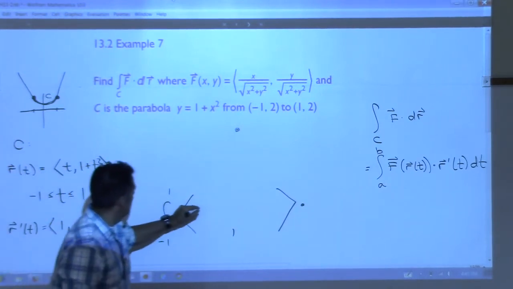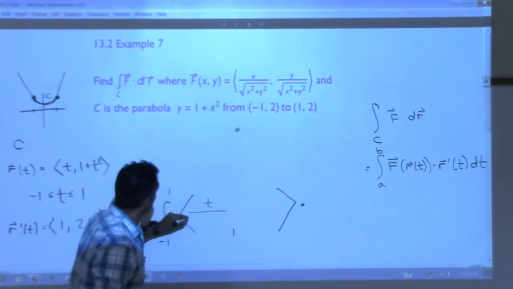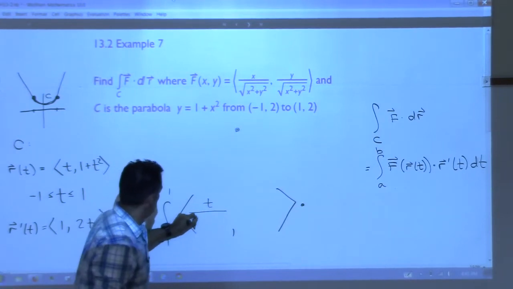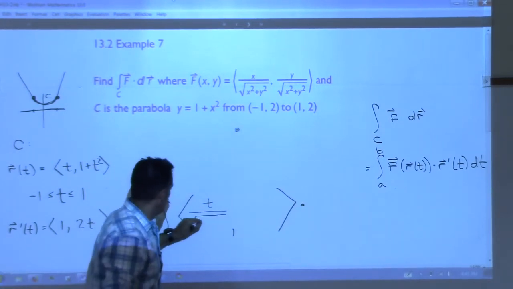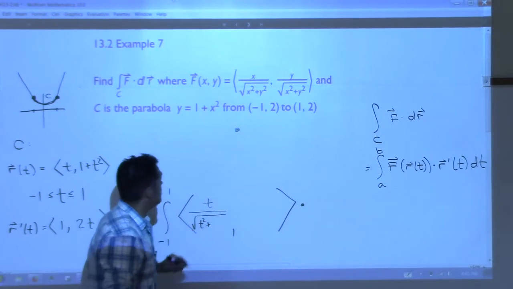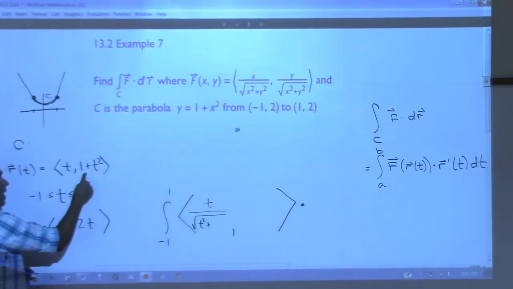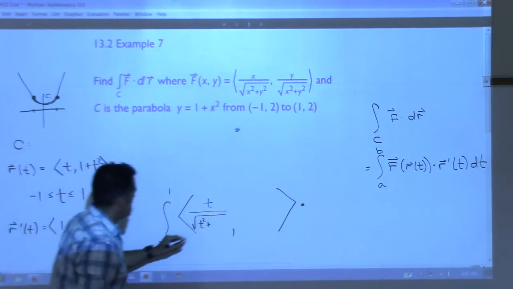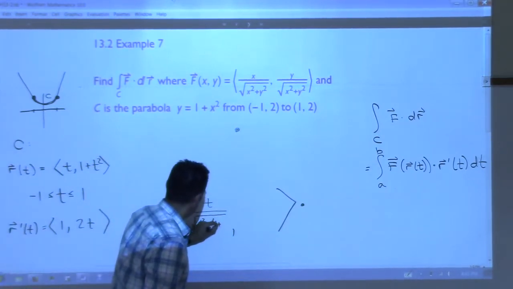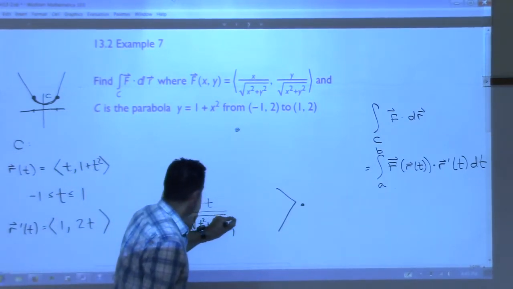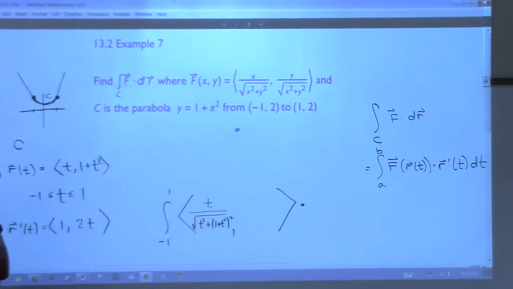So t over the square root of t squared plus y squared, but that's y. So we have to square that. I'll just put it in 1 plus t squared squared. Yuck.